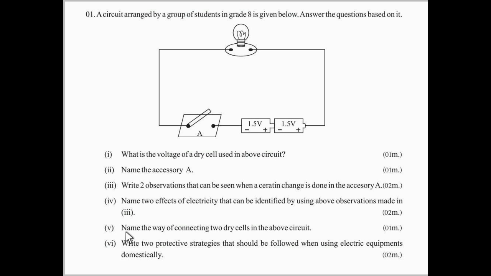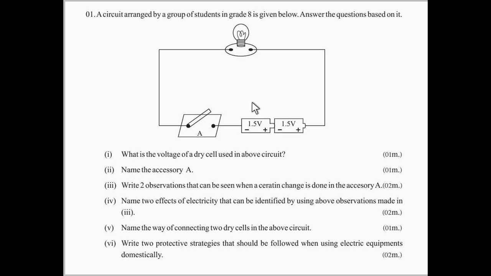Fifth one, name the way of connecting two dry cells in the above circuit. There are two ways of connecting dry cells. This is called series method. Series means in a line. Then the other method is parallel method.